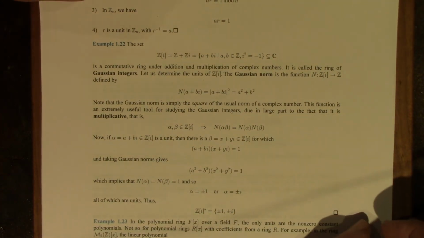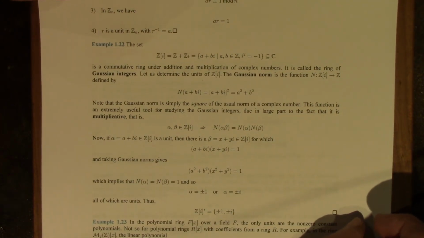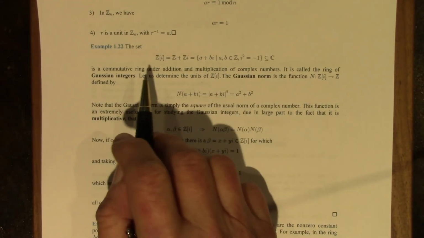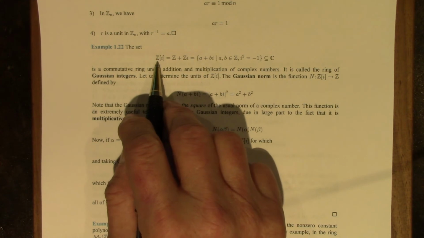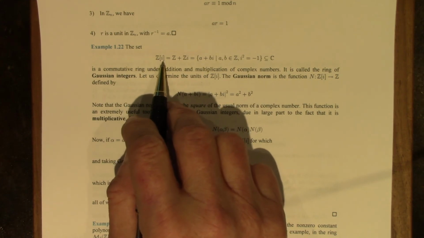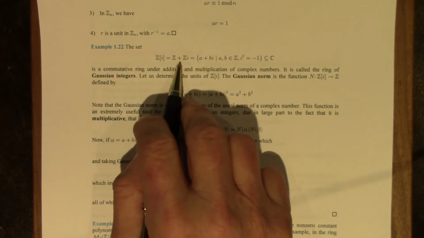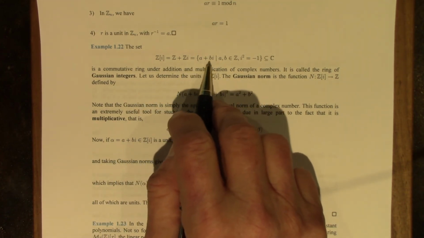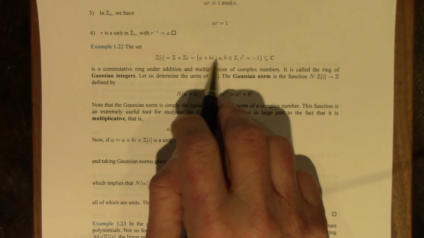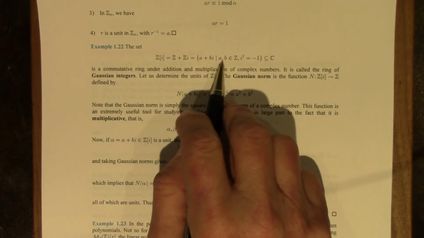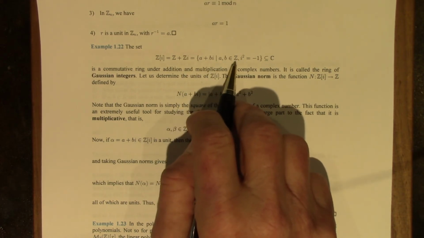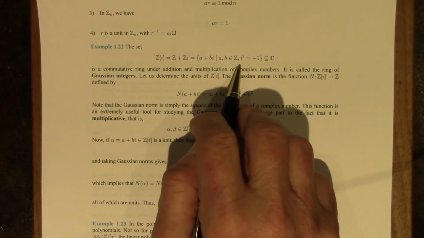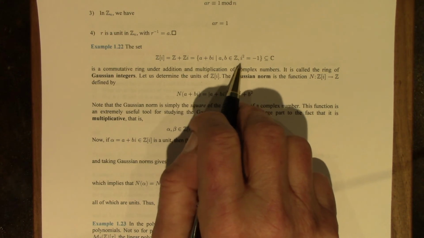Here's an example that you might not have seen before that will come up several times in the sequel. Let Z square bracket i be the set Z plus Z i. In other words, all of the complex numbers where the real and imaginary parts are integers. i squared is minus 1, it's the usual imaginary number.